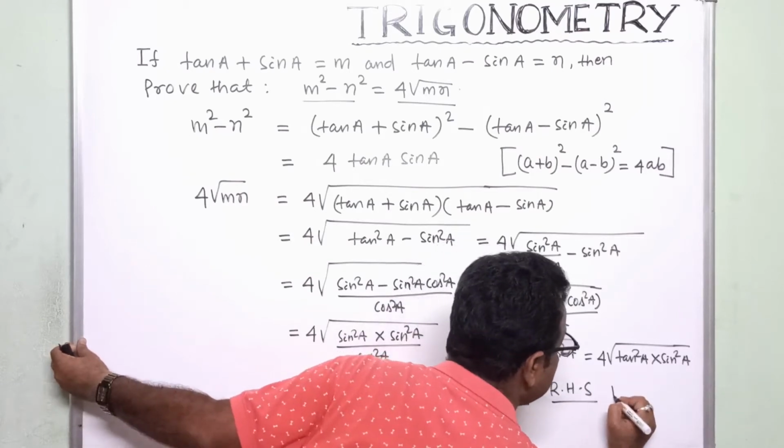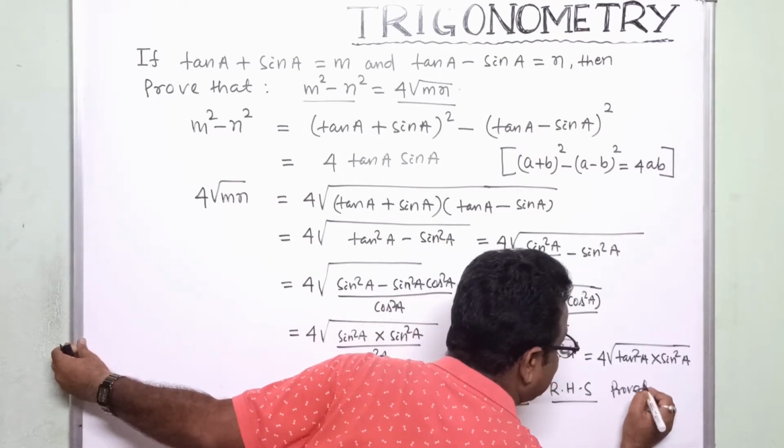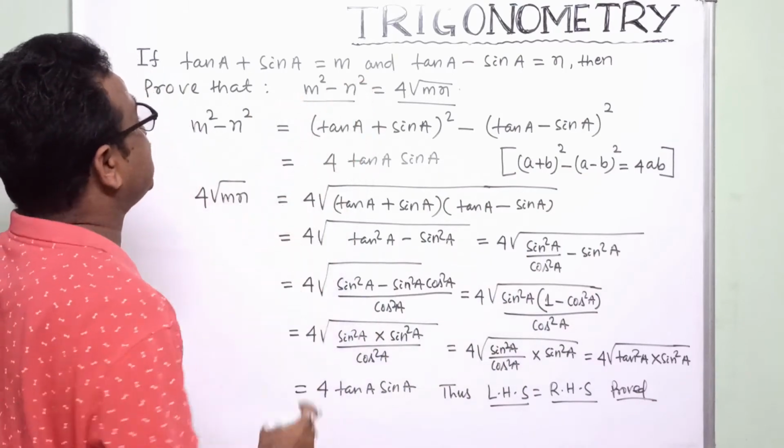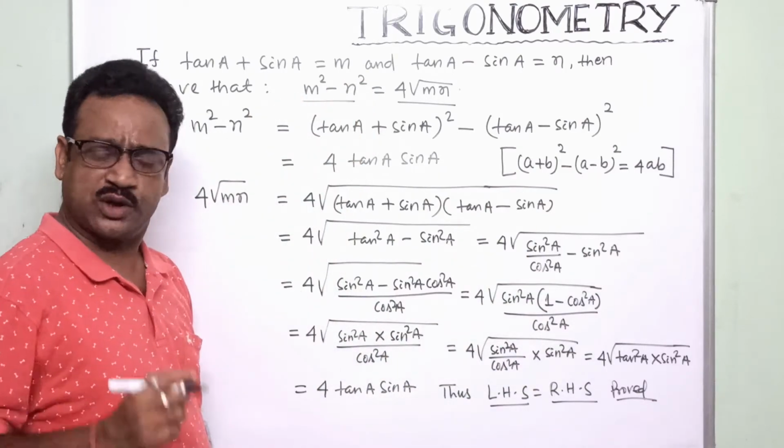LHS is equal to RHS, proved. So m square minus n square is equal to 4 root mn.